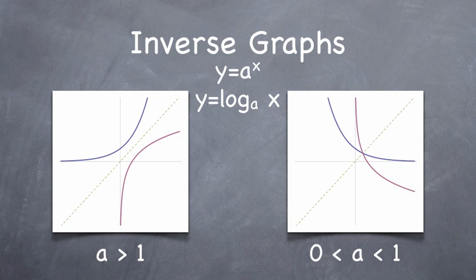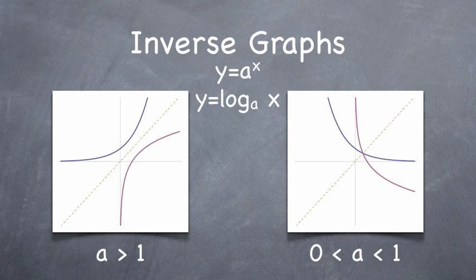Furthermore, an important thing to note, remember, when we switch from a function to its inverse, the domain and range flip-flop. So before, the domain of our exponential function was all real numbers, and the range was everything bigger than 0. So now things flip-flop. The domain of logarithms is everything bigger than 0, and its range is going to be all real numbers.